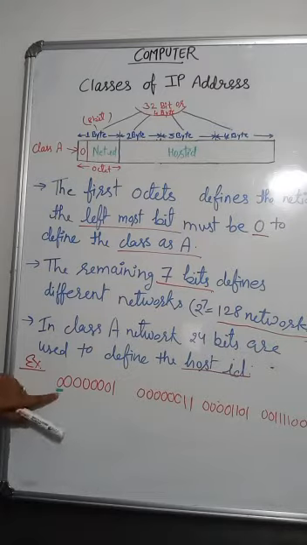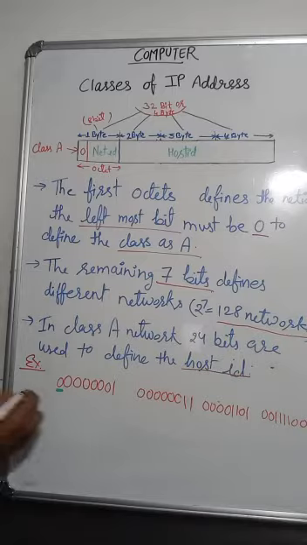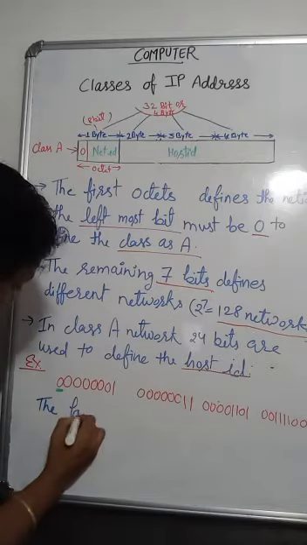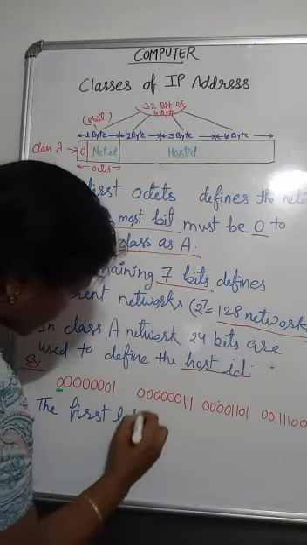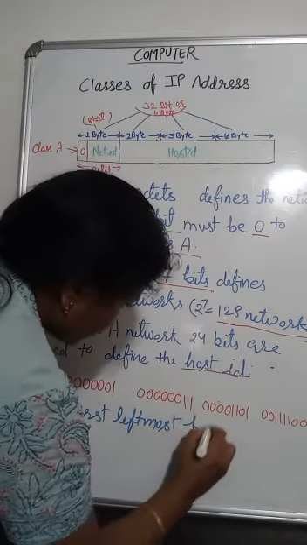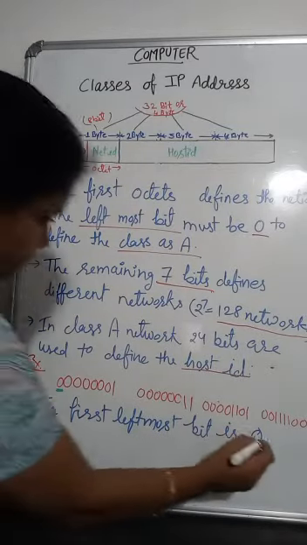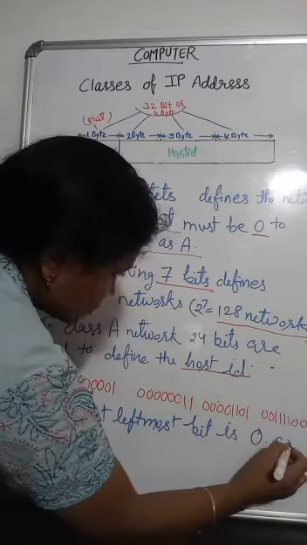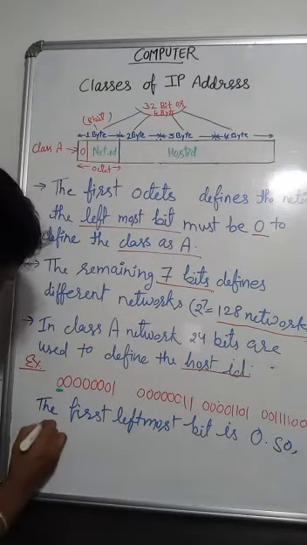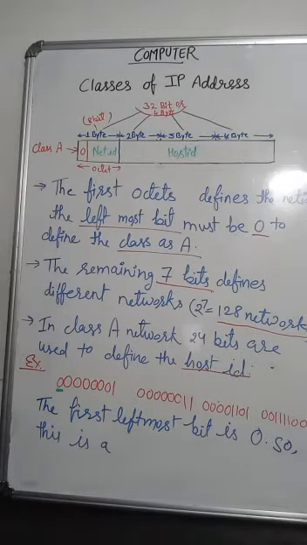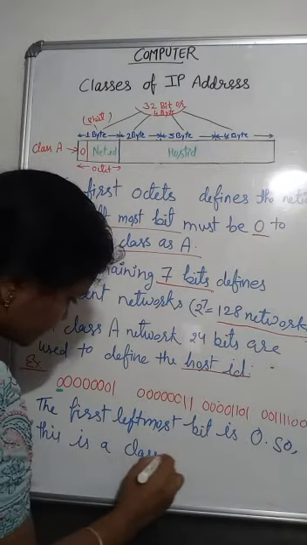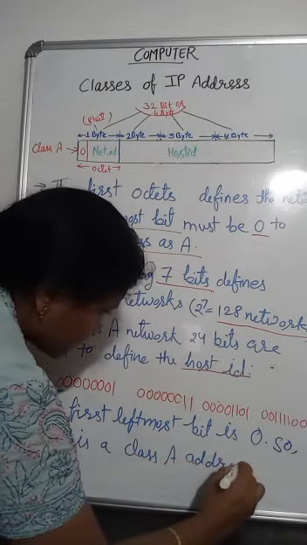You can also write here: the first leftmost bit is 0, so this is a class A address.